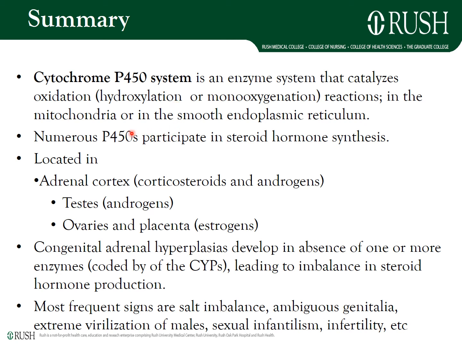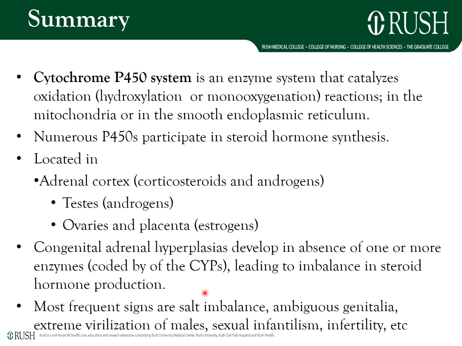Numerous cytochrome P450s participate in steroid hormone synthesis. And steroid hormone synthesis is located in the adrenal cortex. Corticosteroids and androgens are synthesized, and further, the sex hormones are active. Sex hormones are synthesized in the testes, ovaries, and placenta, depending on male or female character.